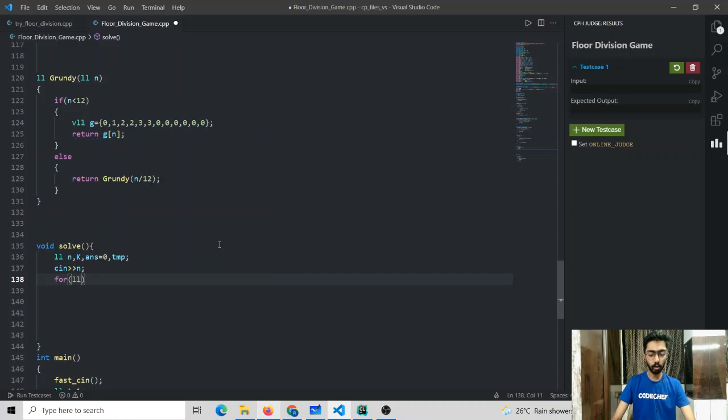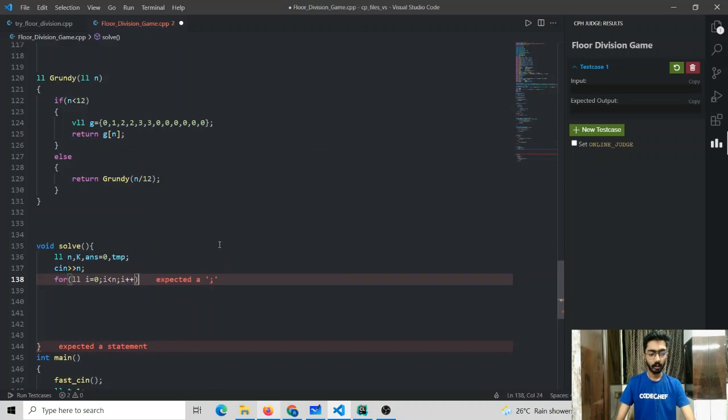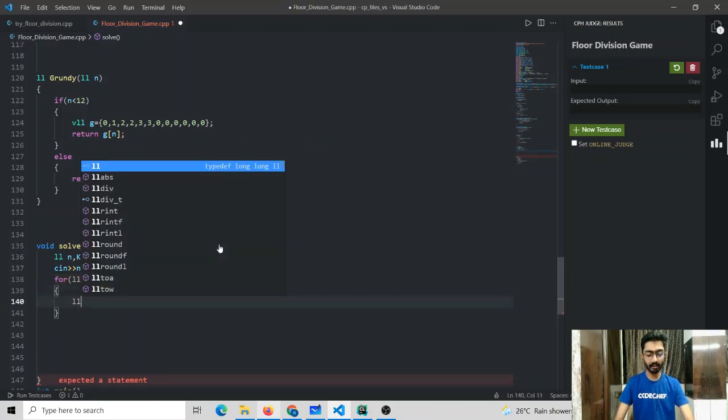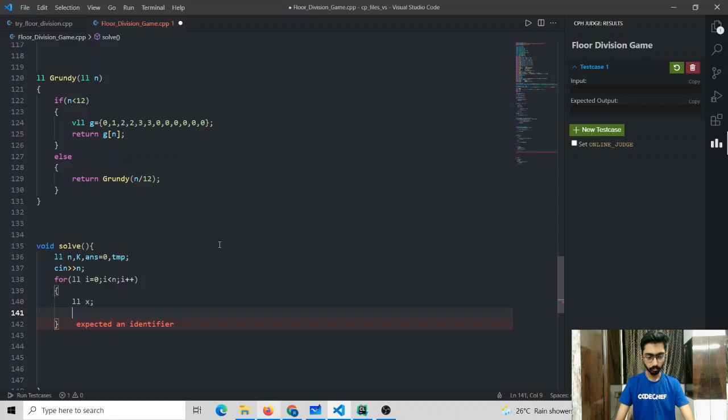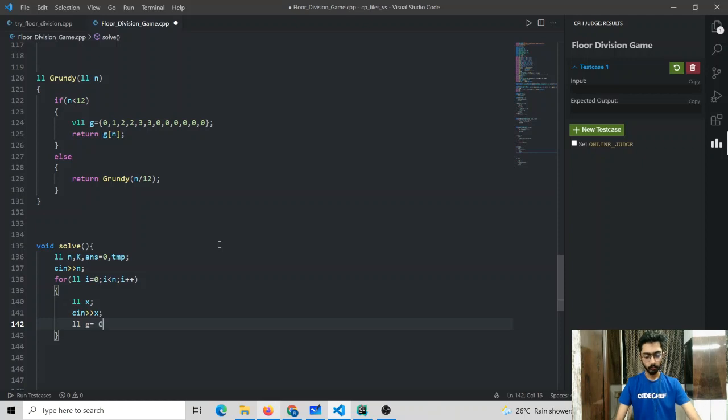For that, we can have an iteration of length n, and for each iteration we take a number x, after which we find the Grundy value of this x.